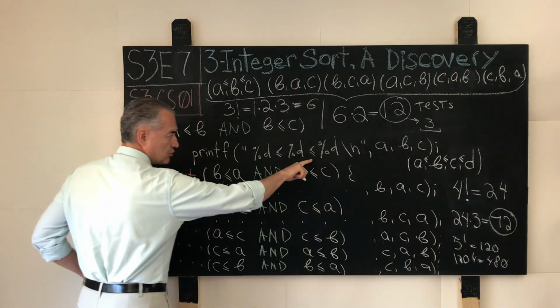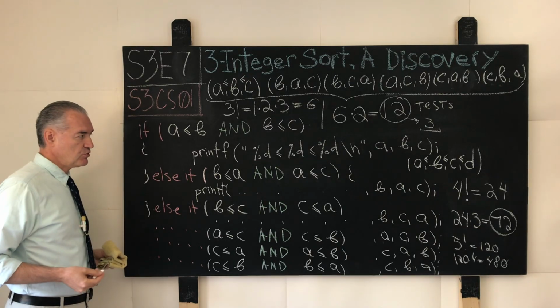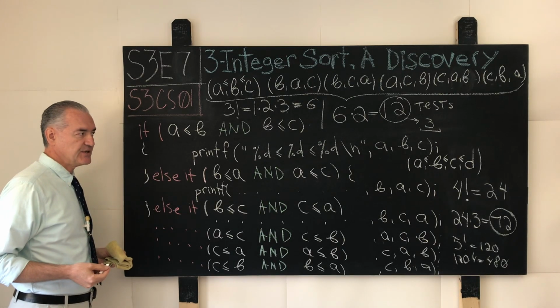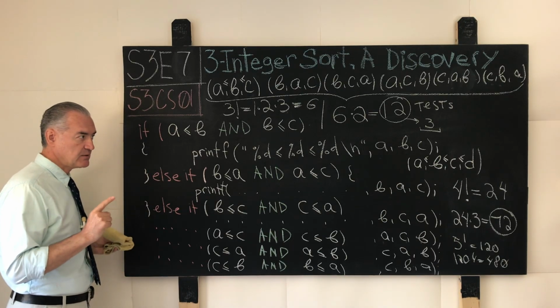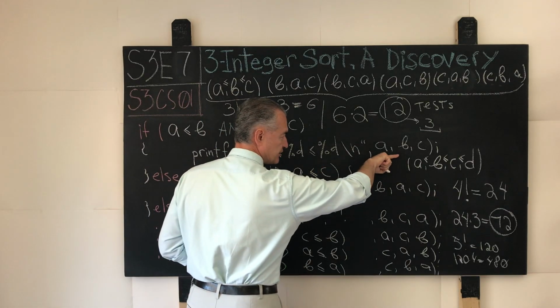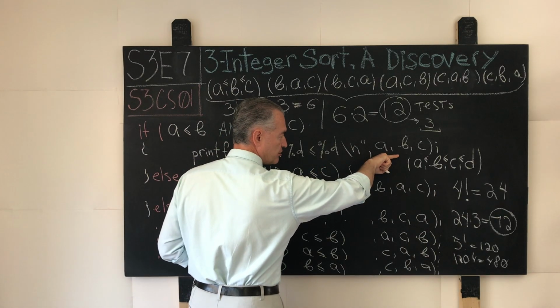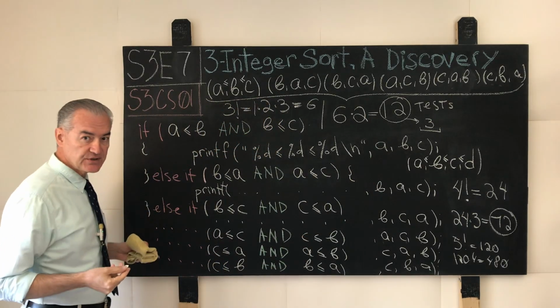What does our code actually do from the practical standpoint? All our code does is print. Listen carefully and let's think about it. It just prints the input integers in the correct order, in ascending order. But does it actually sort these integers?